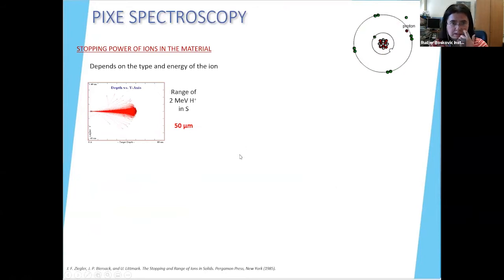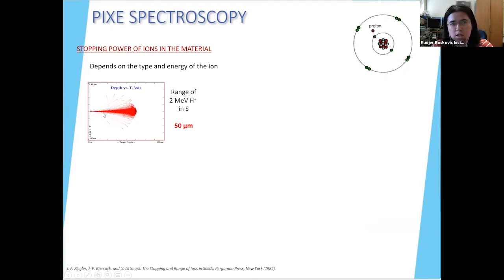Here, this slide shows some basic steps that are involved in the reaction where we have, as a result, emission of X-rays. So you have the ion. This is one simulation of what happens with your 2 MeV proton beam in sulfur.